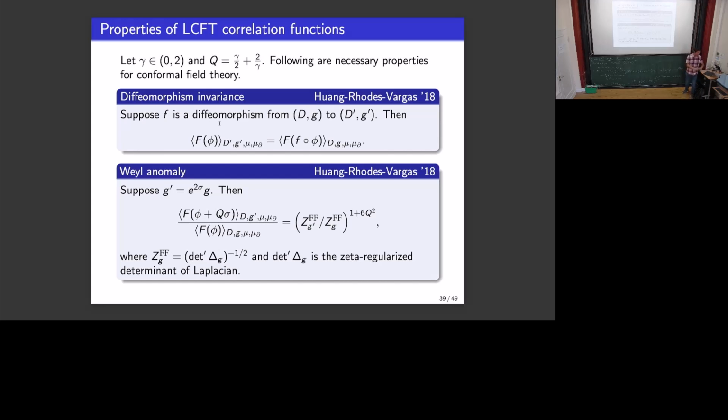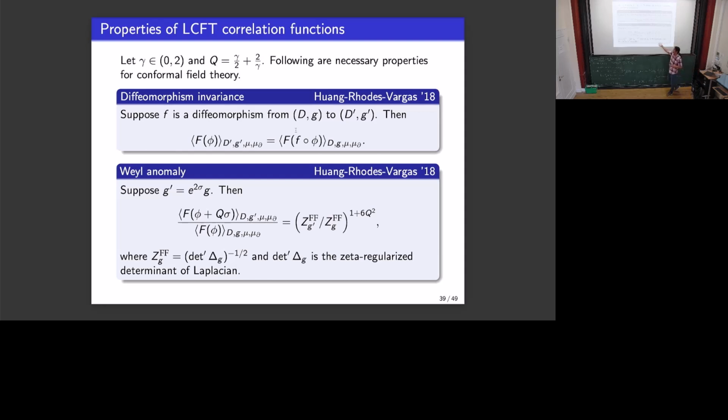Anki spoke about some axioms or properties that you expect CFTs to satisfy, and these are two of them. The first is diffeomorphism invariance. I guess it's almost tautological, right? If you have a diffeomorphism from a manifold to another manifold, then the correlation functions should be the same. The second one's more interesting.